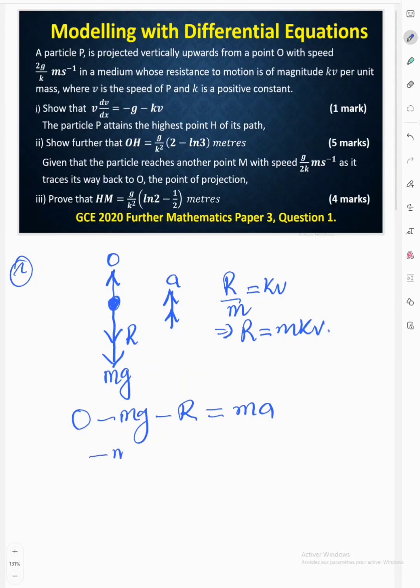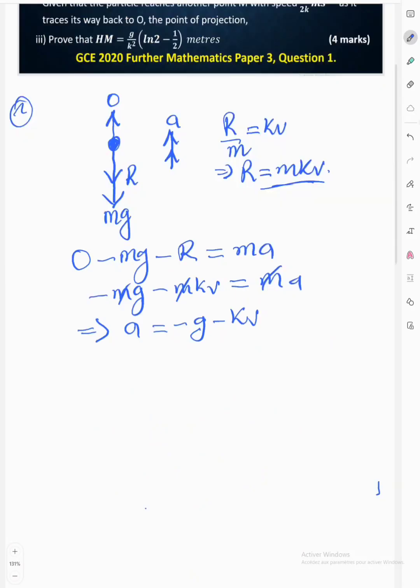We then have that negative mg minus R, which is m kv as we just found up here, should be equal to ma. The m's would cancel from all the terms, and we then have that a equals negative g minus kv. Now a is the rate of change of velocity, which is dv dt, and by the chain rule we can also write that dv dt is equal to dv dx, where x is the distance moved by the particle, times dx dt.